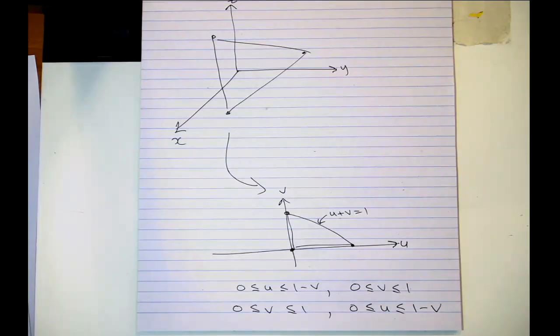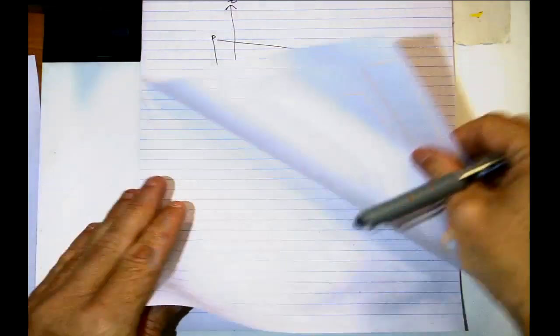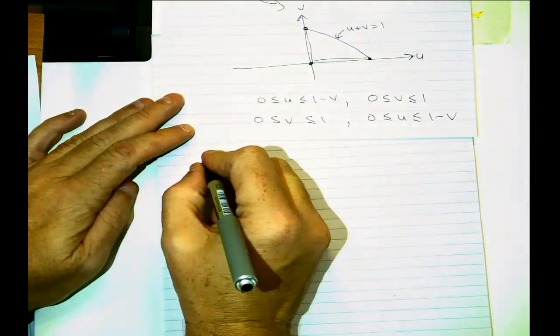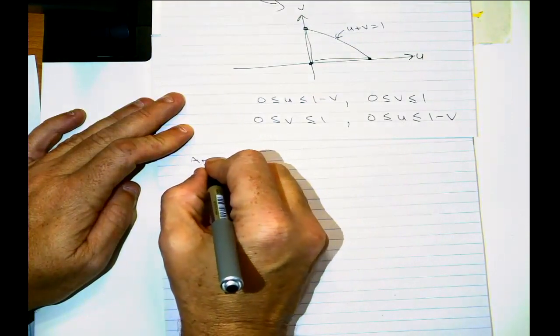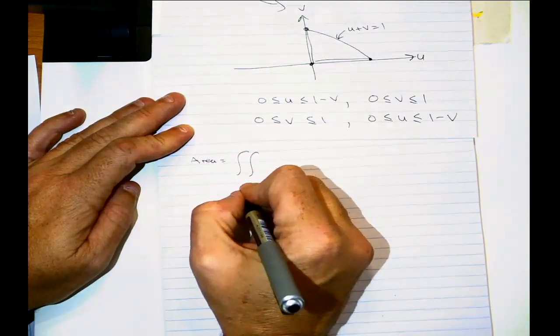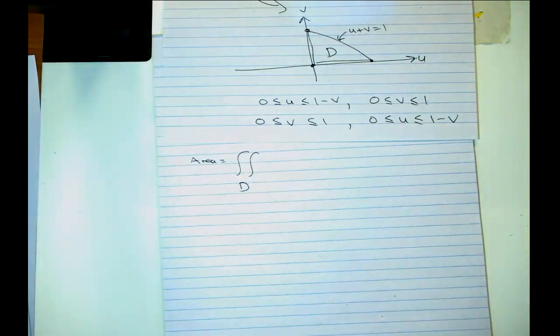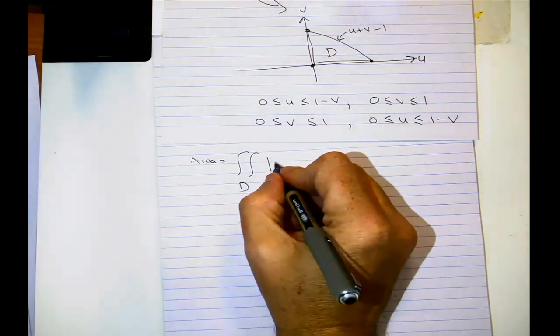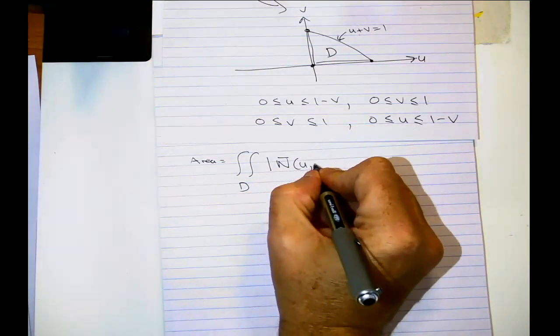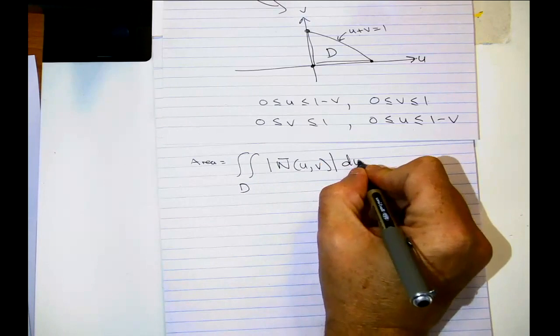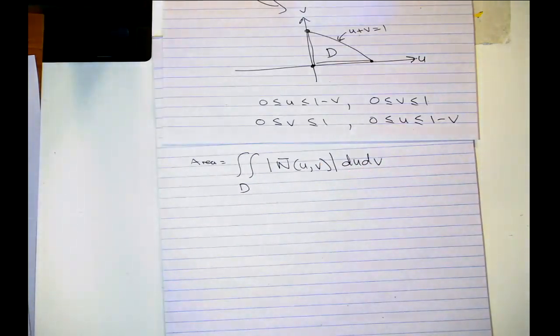All right, now, what does my formula tell me? Well, my formula for calculating this area tells me that over some region D in the UV plane, dv du, right?